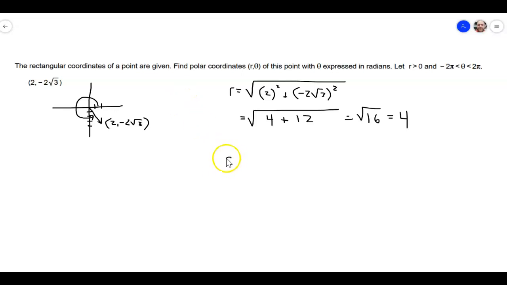So for theta, I just use the inverse tangent of y over x. Like I said before, it'll either put me in the correct quadrant, because remember the domain for inverse tangent is the first and fourth quadrants.